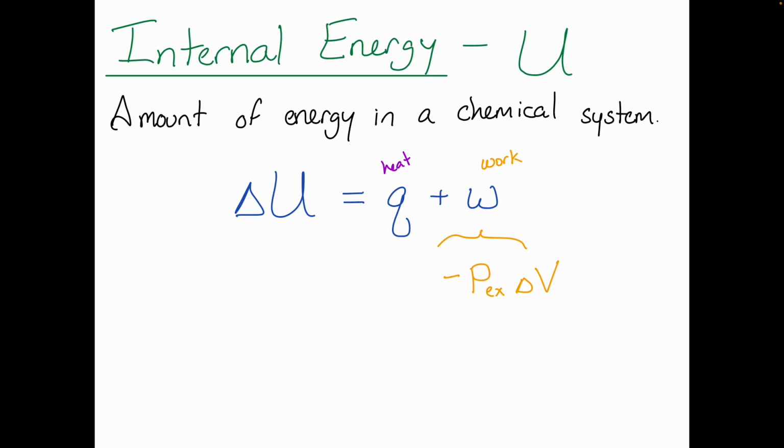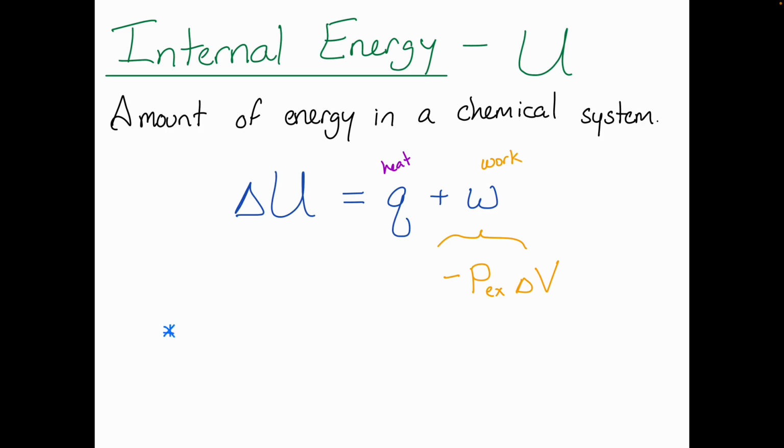But really, any reaction we could carry out at a fixed volume, and many reactions don't even involve gases. So there's not even a change in volume to worry about. If we think about a precipitation reaction, for example, we mix two solutions together, the chemical reaction occurs, but there's no change in volume in that chemical system.